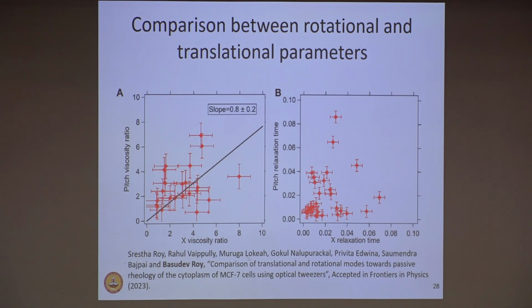High viscosity is much more complicated because it gets tangled in the cytoskeletal network, and also the cells can start to die and all that. So it depends on what you're considering, and it has to be done a little more carefully. The X viscosity ratio matches pretty well, but the X relaxation time is all over the place again. So this still needs to be studied. This was published in Frontiers in Physics again, I think in January.